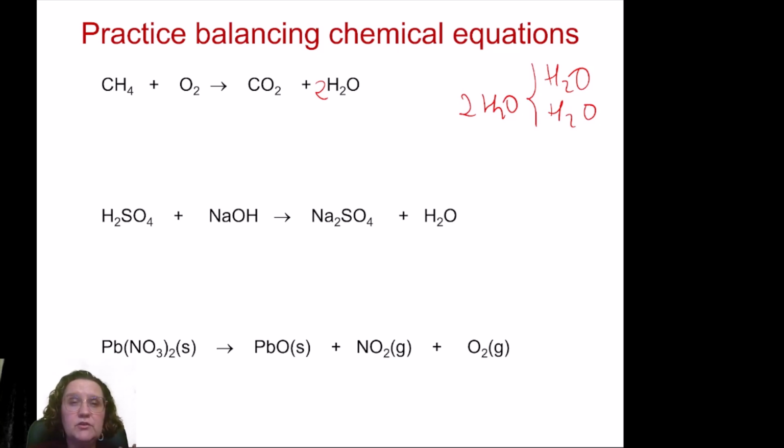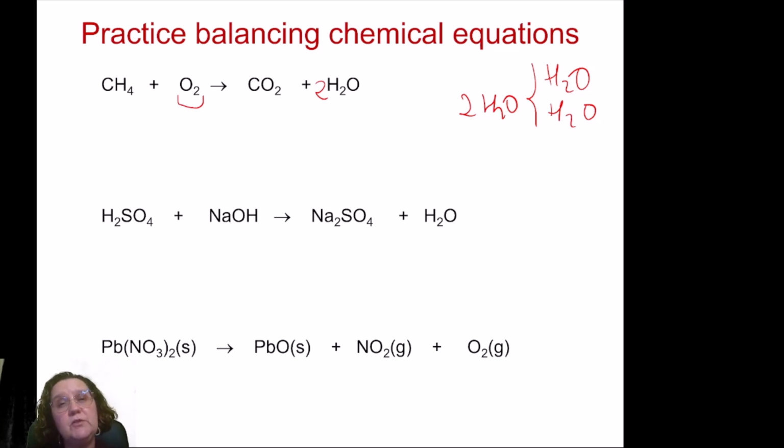So now I've got the carbon balanced and the hydrogen balanced, and now I have to look at the oxygen. I specifically left the oxygen towards the end because whichever number I put here won't matter, because it will not affect all the other atoms I've balanced. If I have a quick look at the left-hand side, I've got only 2 atoms of oxygen in the molecule O2.